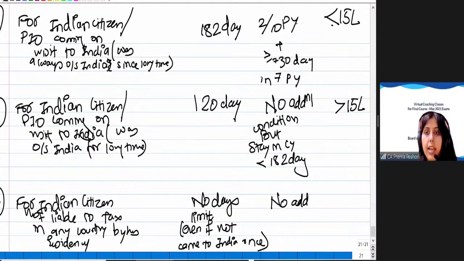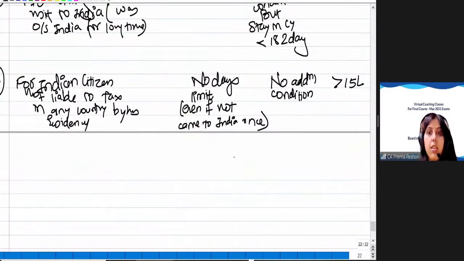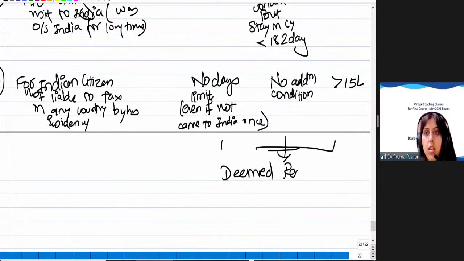No additional condition, income greater than 15 lakh. This case will be deemed resident.